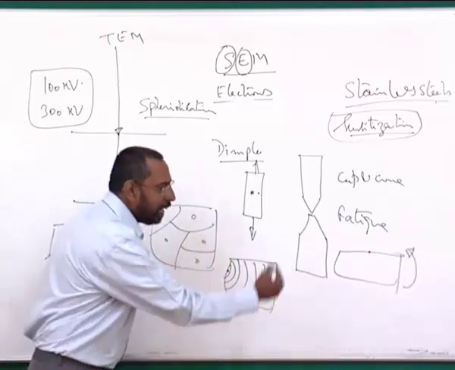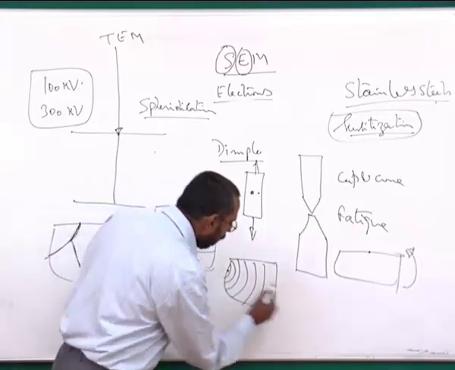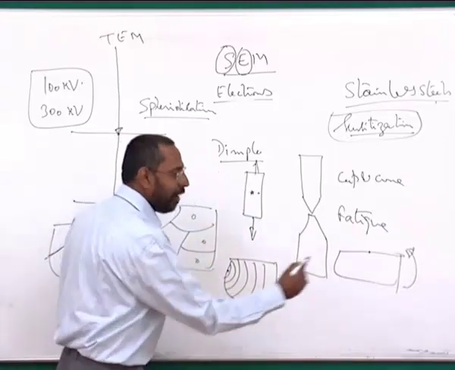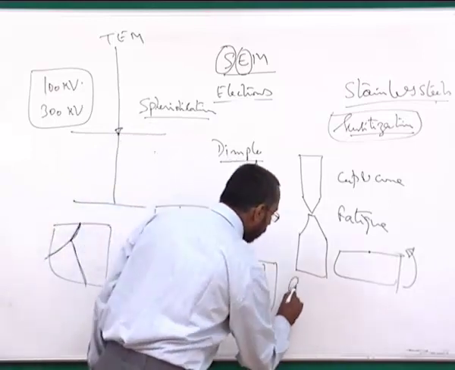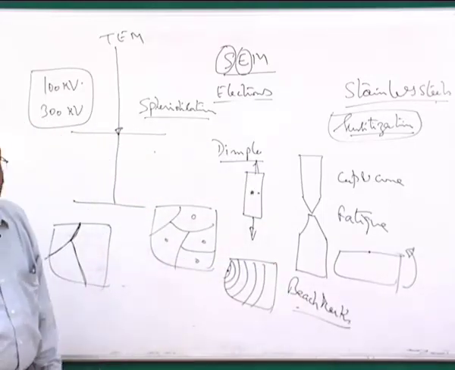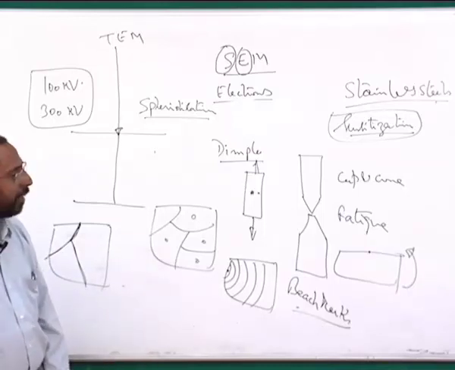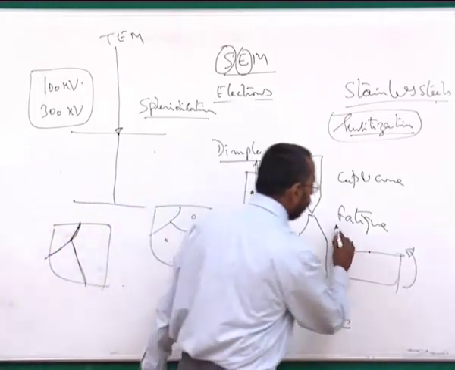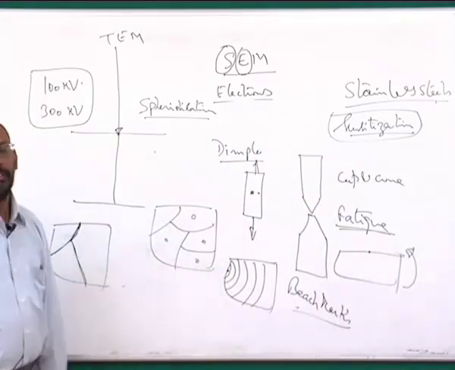Each cycle of rotation creates a ripple around this, and this crack propagates like ripples in a sea, and this is what are called beach marks. And the moment I see this kind of a feature, I immediately understand, yes, the material has failed by fracture caused by fatigue. So one can understand the nature of the forces causing such a failure.